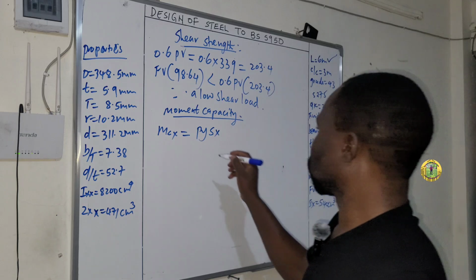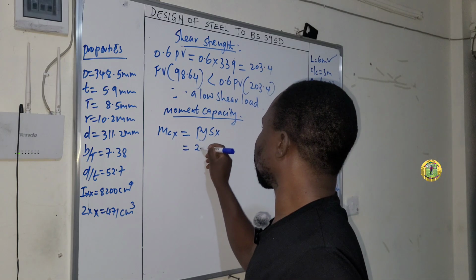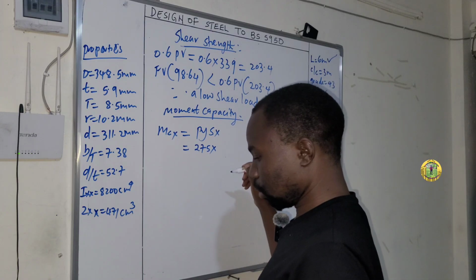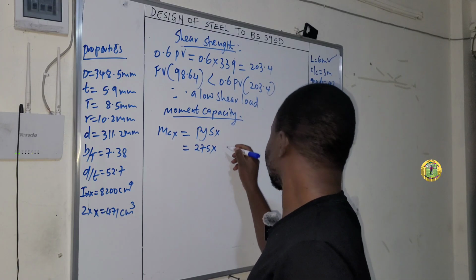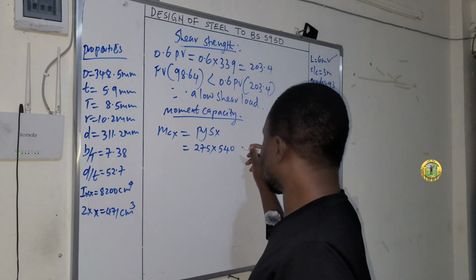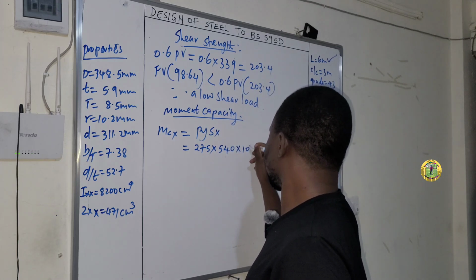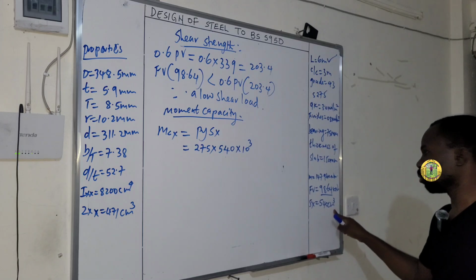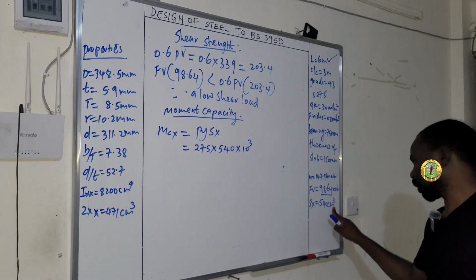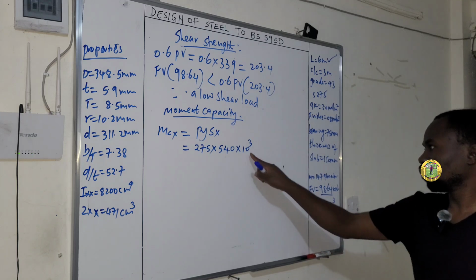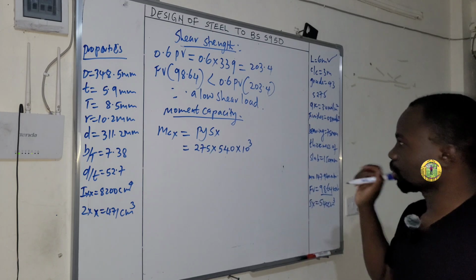So this one is equal to 275 times the plastic modulus, 540, then times 10 raised to power 3 to change centimeter cubed to millimeter cubed. You will cube the 10, and it will give you 10 raised to power 3.